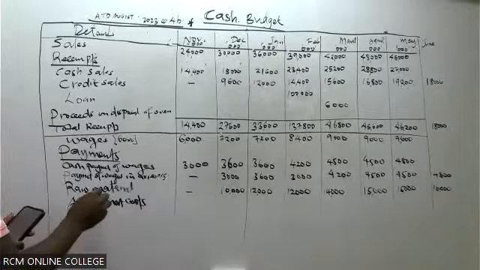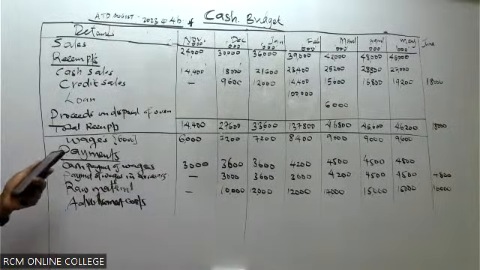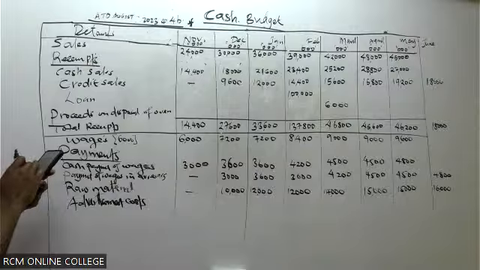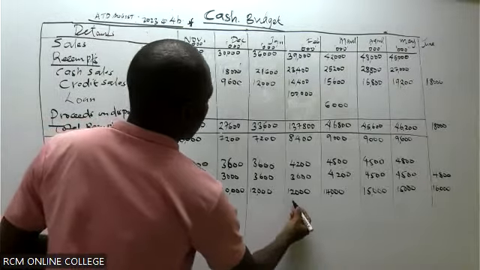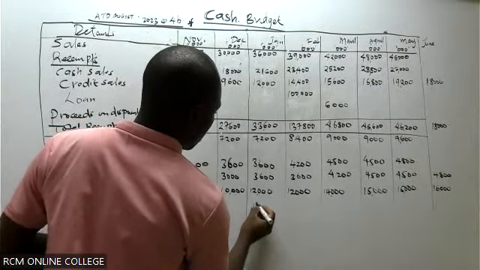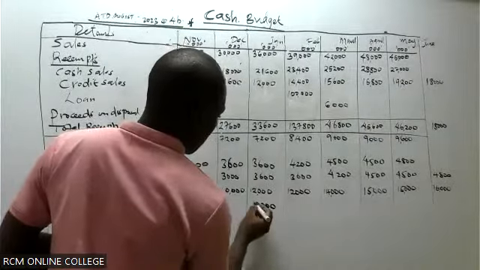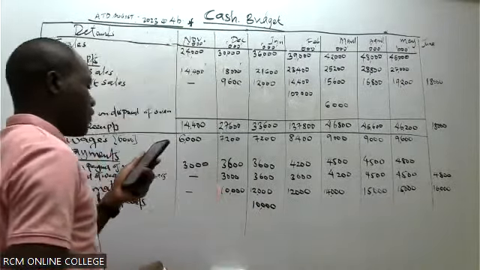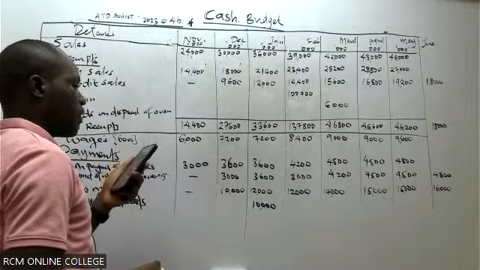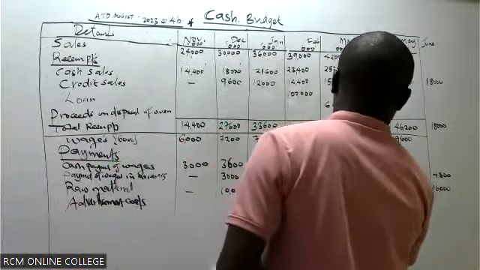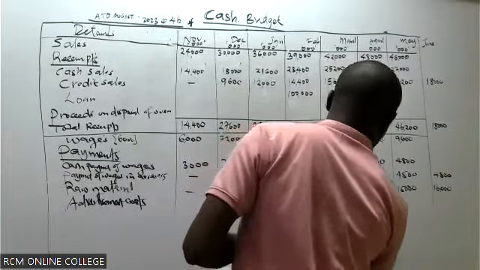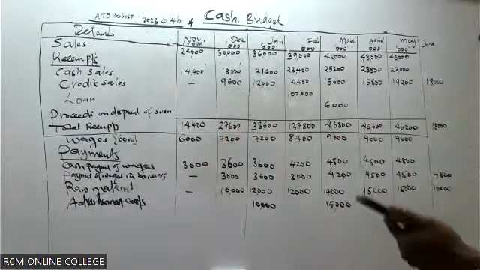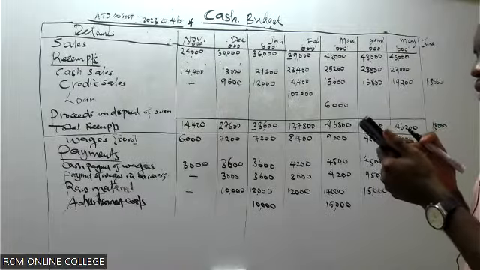Advertisement costs are going to be incurred: 10 million in the month of January, so we come to January here, we spend 10 million. And then 15 million in the month of March. 15 million is being incurred in the month of March.